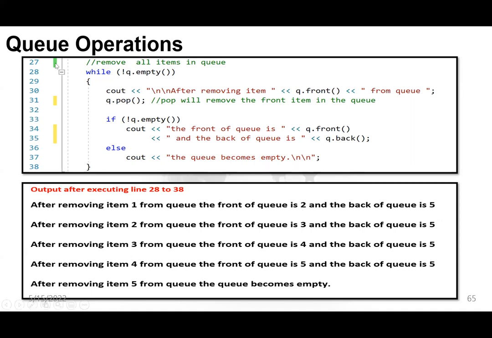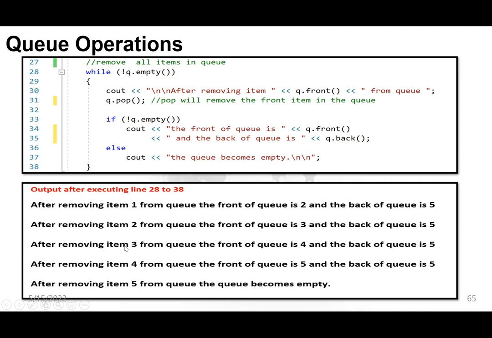Then, because my queue is still not empty, I will see that after removing item 2 from the queue, the front of the queue now is 3. Previously the front was 2, so when you remove the second time, this 2 is removed, and now the front becomes 3, and the back is still 5. Then you just continue because your queue is not empty yet.